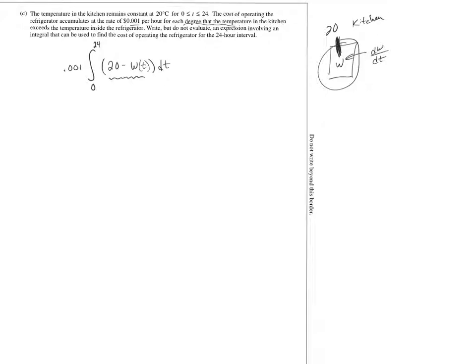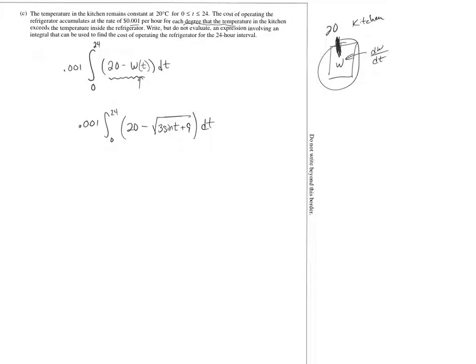If you wanted to, we could put our W(t) function in there. I think we probably should. So 0 to 24 of 20 minus, what was it? It was on the previous page, something plus 9. I think it was 3 sine of t plus 9. I hope so anyway.